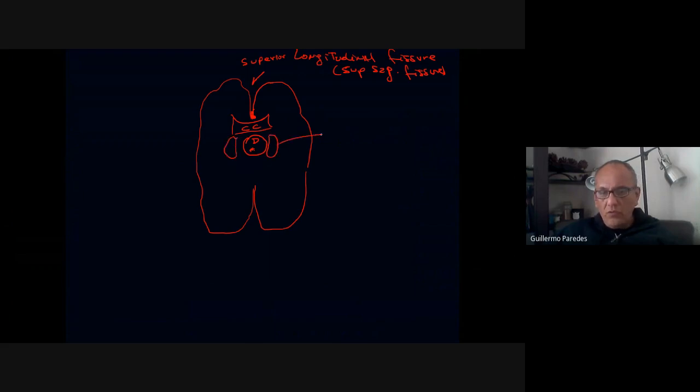One is the basal ganglia, the one that produces dopamine. But more lateral here, and that is our purpose right now, this is going to be called the limbic system.